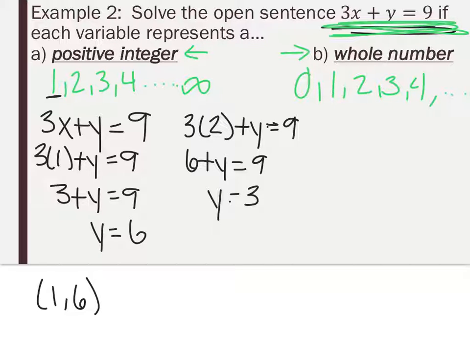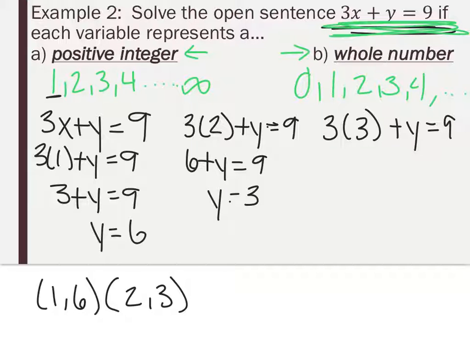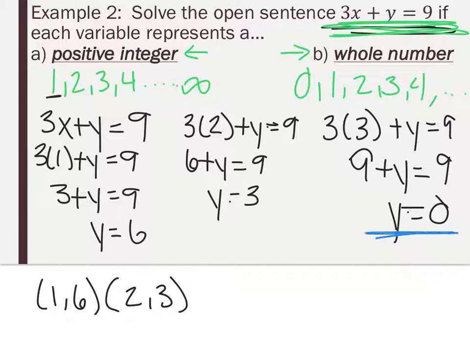So that's another answer to this particular problem, would be 2, 3. Let's try 3. When I plug 3 in, 3 times 3 is 9, plus y, which equals 9. I subtract, y is equal to 0. Now, this is where you're like, uh-oh. When we're talking about positive integers, that did not include 0.